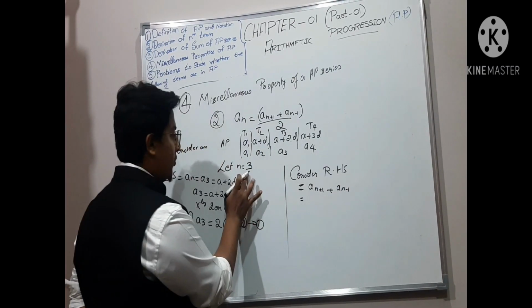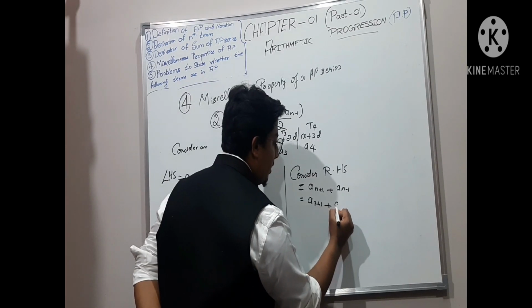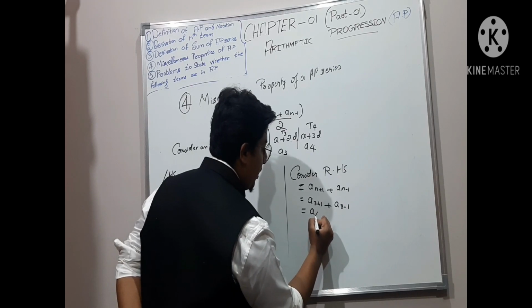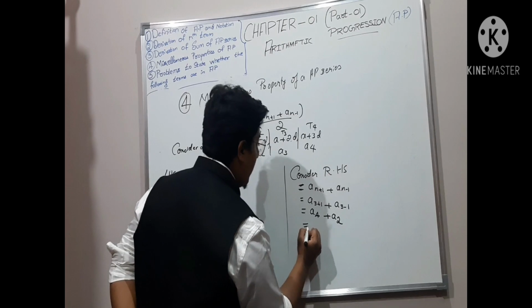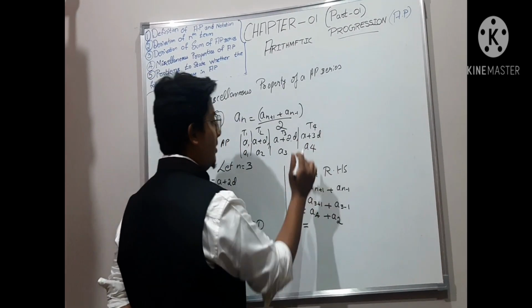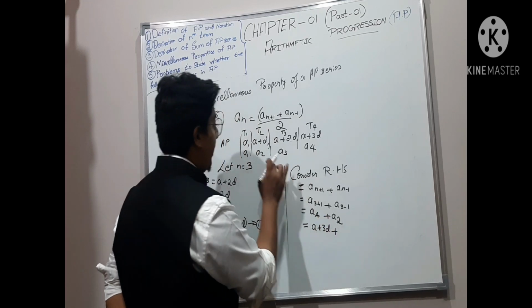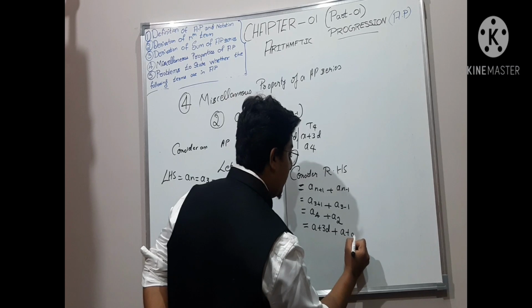As n is equal to 3, we have a_(3 plus 1) plus a_(3 minus 1). a3 plus 1 is a4, a3 minus 1 is a2. a4 is given as a plus 3d and a2 is given as a plus d.